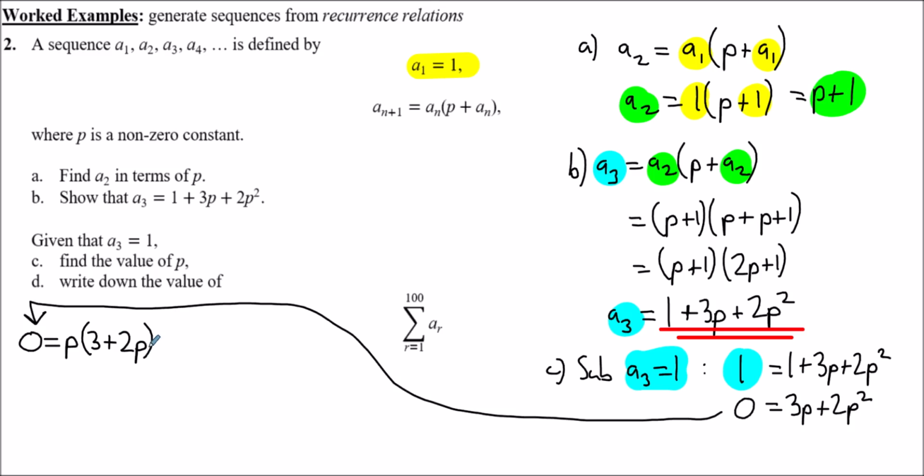Then I can say that because p is a non-zero constant, I can't have that being 0. The only way this can equal 0 overall is if 3 + 2p equals 0. Solve that: subtract 3 and divide by 2. p is minus 3 over 2, or if you want, as a decimal, minus 1.5. Either is absolutely fine.